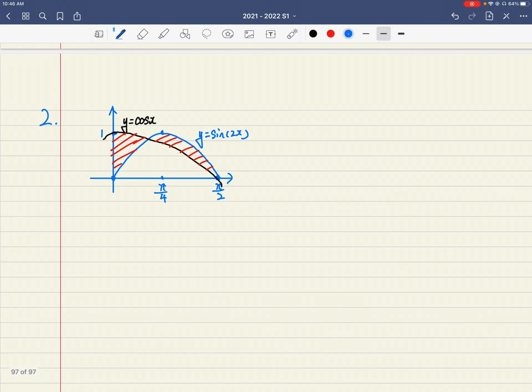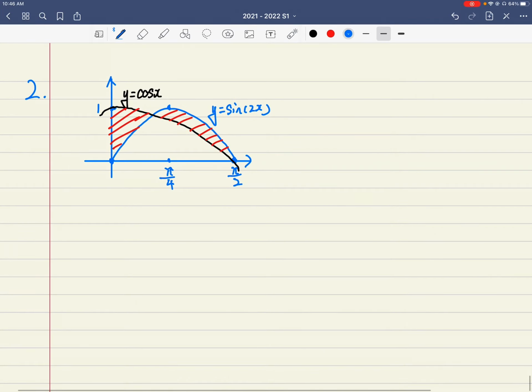Here it's different from question 1, because you can see before this point, cosine x is actually higher than sine 2x, and after this intersection point, sine 2x is higher than cosine x. Remember our formula: the area is always integrated from left to right, using the top function minus the bottom function.